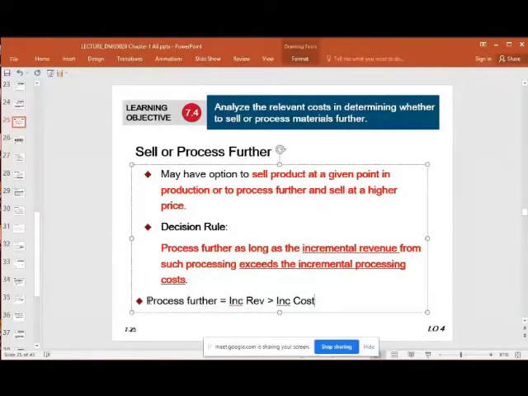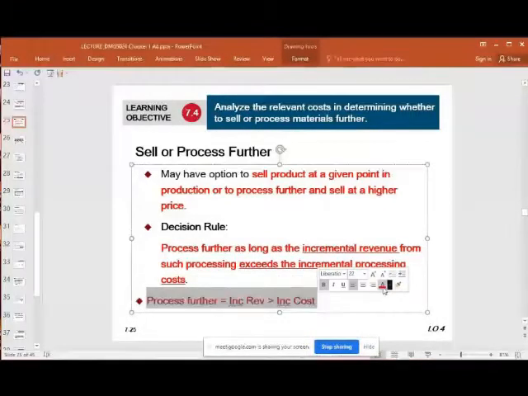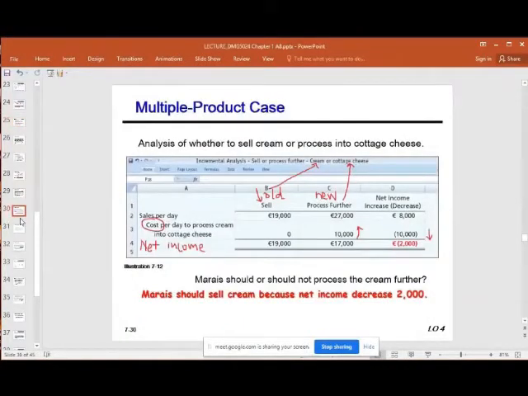Incremental means when you compare A to B. So when you compare A to B, incremental revenue is 8,000, because you compare sell to process further. Incremental cost is this one.